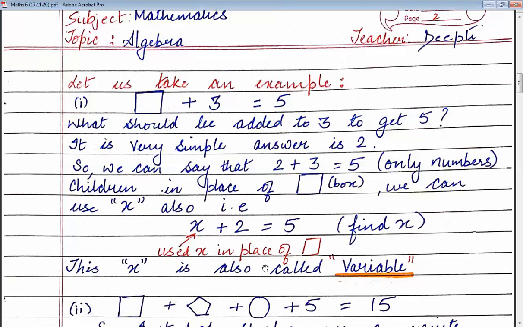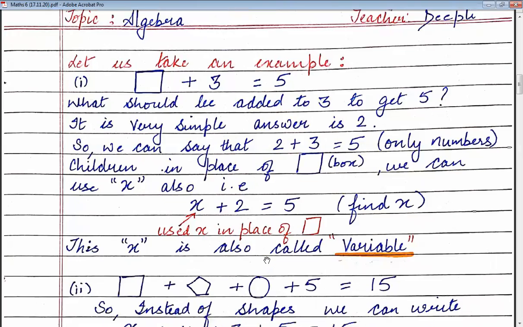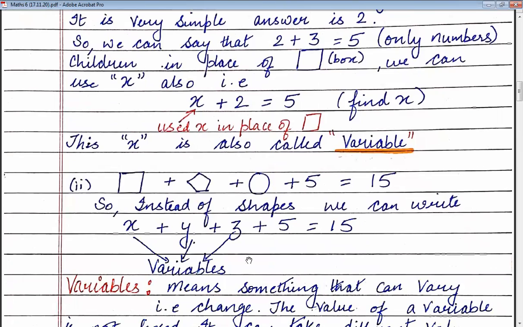Instead of these shapes, I have used X, Y, and Z. So I can say that X plus Y plus Z plus 5 is equal to 15.